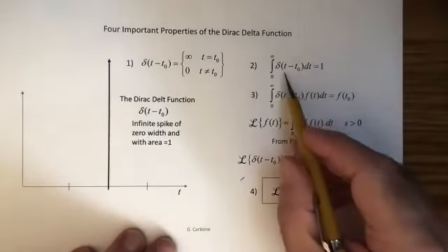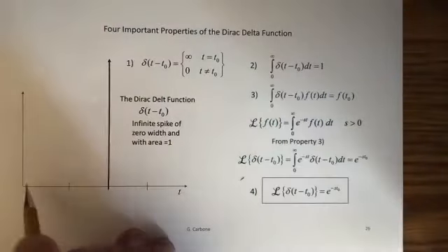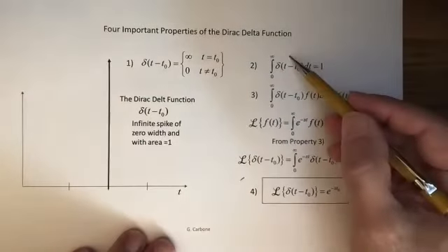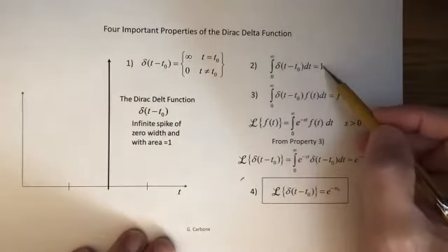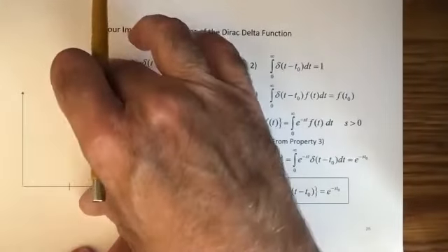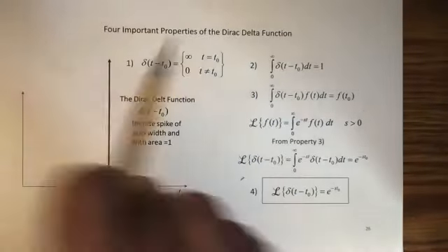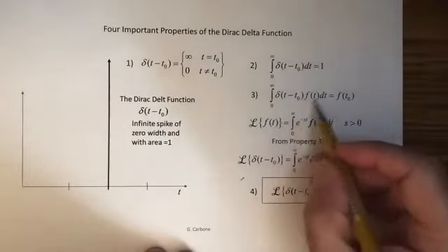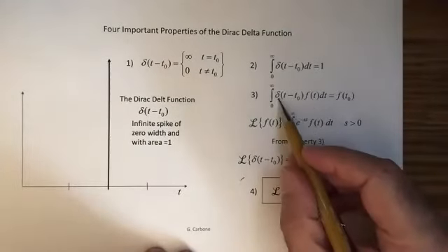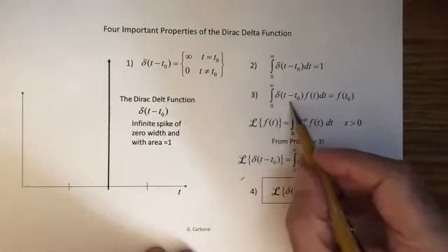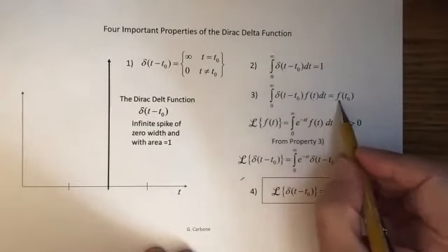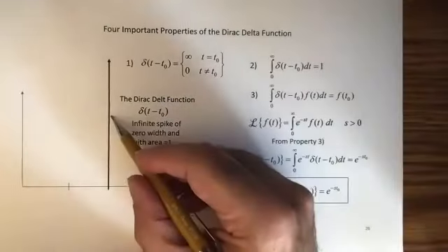Another property is that if I do the integral from 0 to infinity, that's going to be 1, because this area is 1, even though the spike is infinite and the width is 0. Another property is that if I take an integral of the Dirac delta function times a function, it's just equal to the function evaluated at this point.